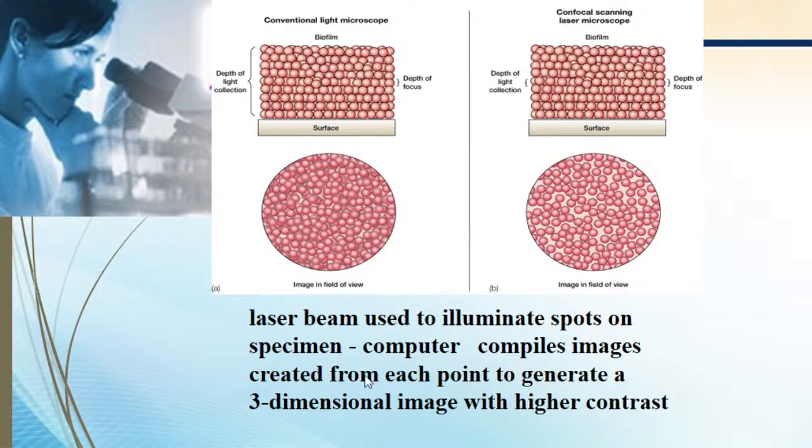The computer compiles images created from each point to generate a three-dimensional image with higher contrast. In this case, you can see that in the left image the field of view has no contrast, but in laser confocal microscopy it is more detailed, with more contrast, and the resolution is higher for the identification of different types of cells.